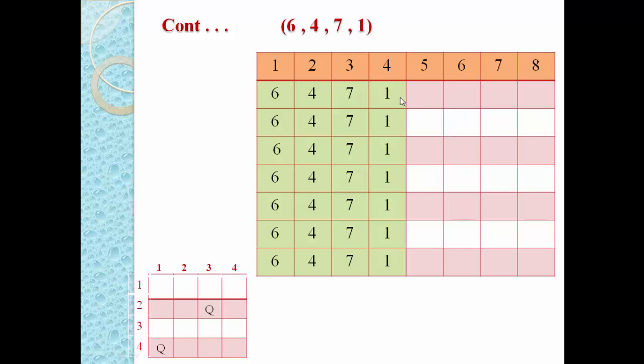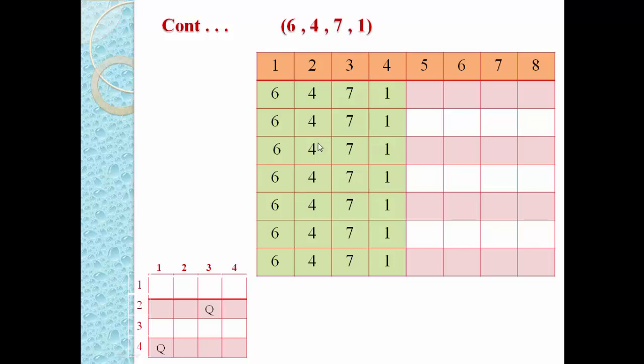As we discussed, we are placing our queens row wise. So our 5th queen will be placed on the 5th row, 6th queen on the 6th row, 7th queen on the 7th row and 8th queen on the 8th row. So there is no chance that 2 queens will be on the same row because we are filling all the queens row wise.